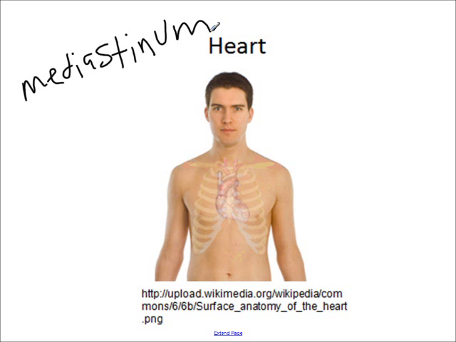It is the space between the medial sides of the lungs, because the lateral aspects of the lungs are in almost direct contact with the lateral borders of the thoracic cage, but on the medial aspect the lungs aren't touching each other. That space in between where the lungs are located is the mediastinum.